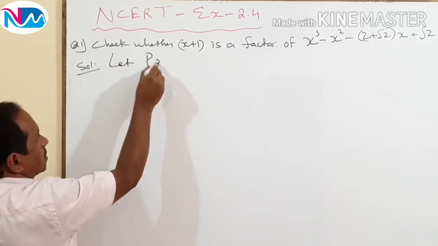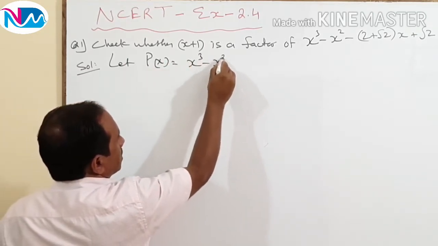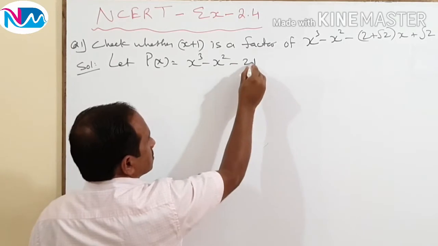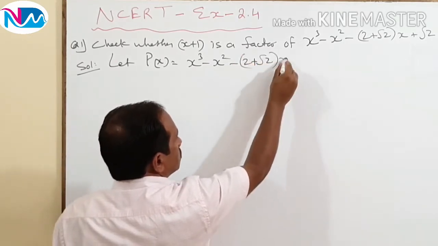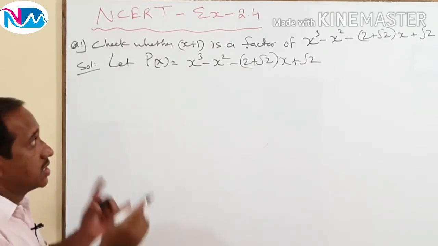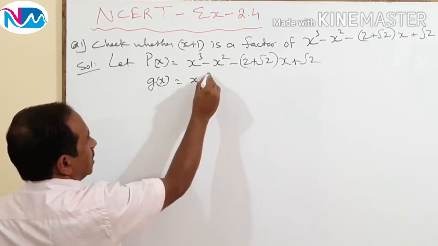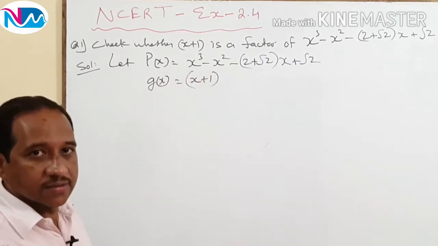Let P of x is equal to x cube minus x square minus (2 plus root 2) into x plus root 2, and the divisor is g of x, which is equal to x plus 1.